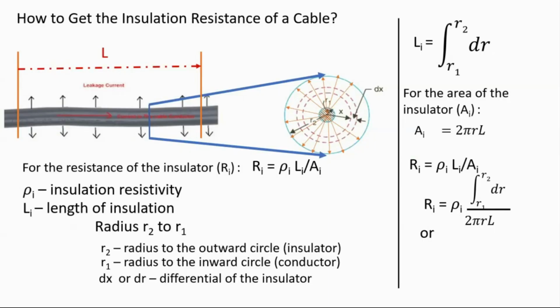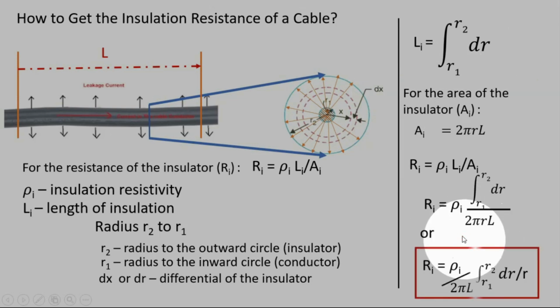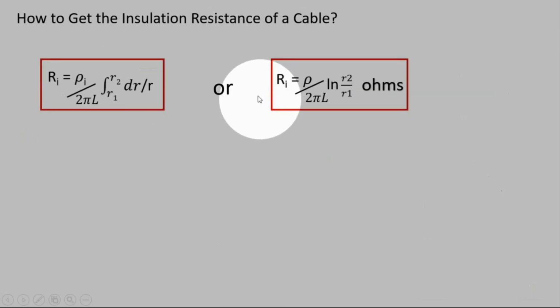The length is the integration of dr from R1 to R2, so you substitute it in the numerator, and for the denominator, which is our area, 2 pi rL, you just copy and substitute it here. So to get the insulator resistance, this is now your formula: rho i divided by 2 pi L, multiplied by the integration of dr over r from R1 to R2.